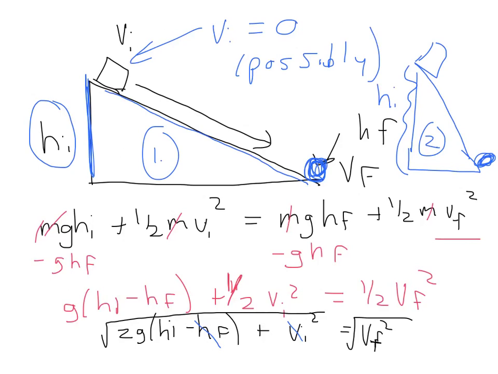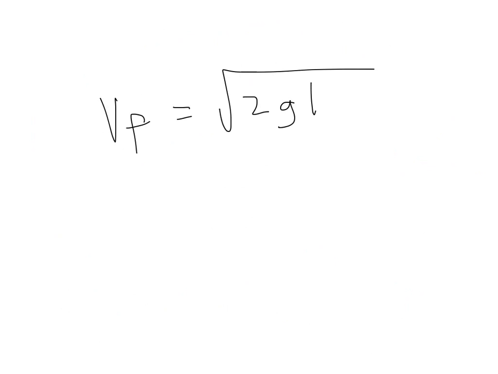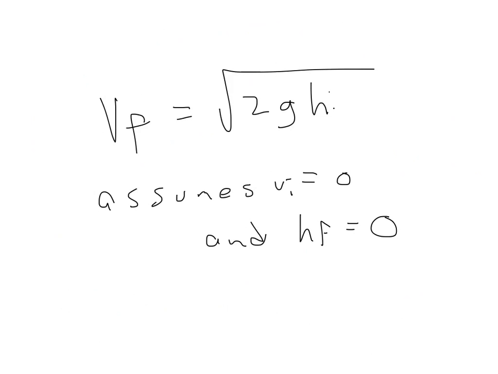Let me go to another slide and write that out. v final is equal to the square root of 2 times g times h initial, which assumes vi equals 0 and hf equals 0.